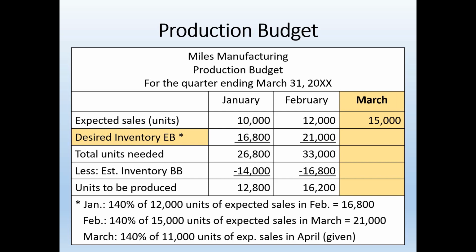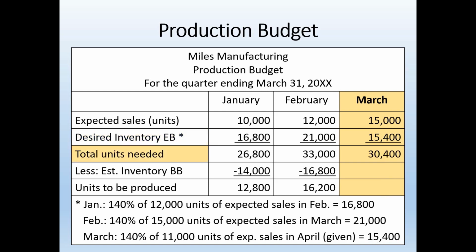April is not part of this budget, but we were told how many units the firm expects to sell in April, and we need that information in order to figure out how many units the firm wants to have left over at the end of March. So we can compute 140% of April's expected sales, and that becomes the desired ending balance for March.